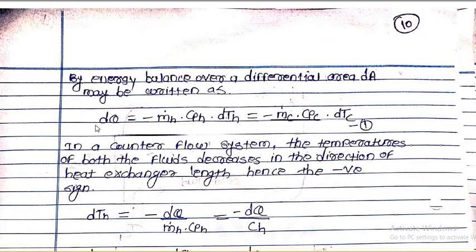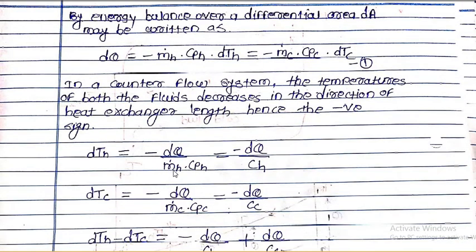Now from this equation number 1, we can find out the dTh equation and the dTc equation. From the first two terms, we can say that dTh is equal to minus dq divided by m dot h multiplied by cph. We know that the mass flow rate multiplied by the specific heat of the hot fluid is nothing but the heat capacity of the hot fluid, that is C suffix h. So we have written minus dq divided by C suffix h.